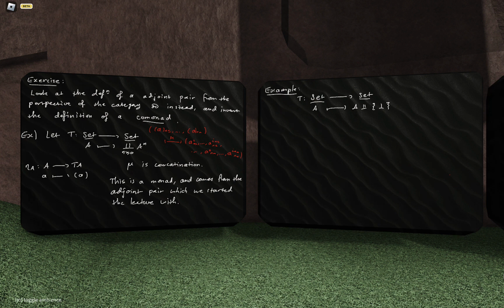And then to complete the definition of my maybe monad, we have eta A going from A to TA, and it just maps A to A, right? And then mu A goes from T squared A to TA.